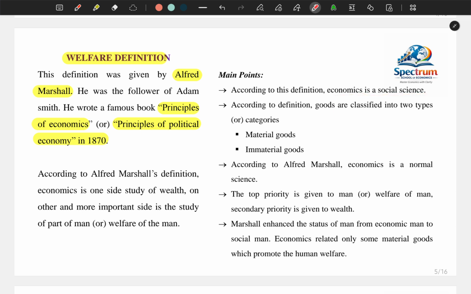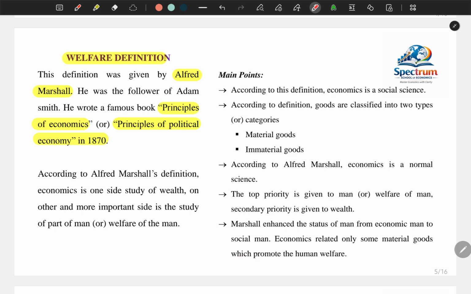The top priority is given to man or the welfare of man, and secondary priority is given to wealth. Alfred Marshall says we have to give more importance to welfare instead of wealth. So Marshall elevated the status of man from economic man to social man, and economics relates only to those material goods which promote human welfare.